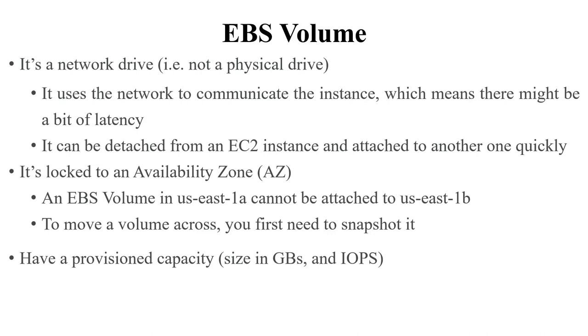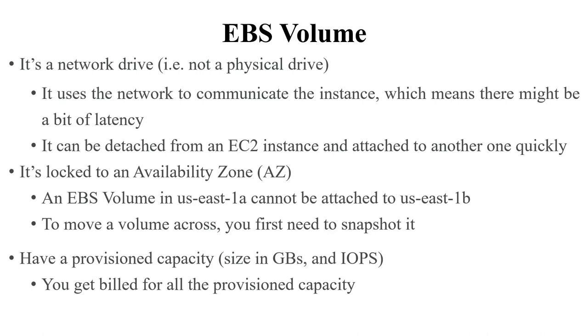Whenever we are choosing EBS volumes, we have the provisioned capacity, in size in GBs and IOPS based. On the basis of the size required and IO operations per second, that is, writing and reading data on the disk per second, we can provision these EBS volumes.